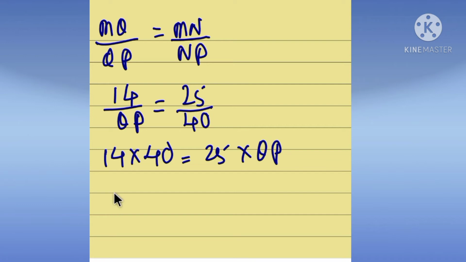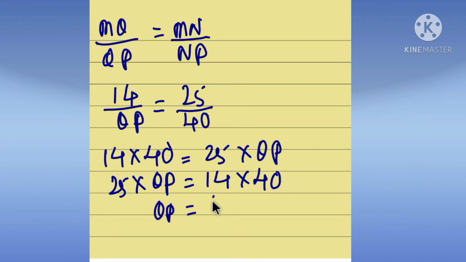Now I write this side to the left hand side: 25 into QP equal to 14 into 40. Here 25 is multiplied to QP. If we transfer that 25 to the right hand side, it will divide 14 into 40. So we got QP equal to 14 into 40 divided by 25.